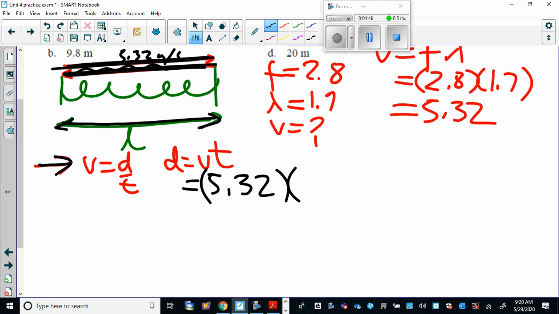So I'm going to take that number and divide it by 2. Right, because that's how long it took to travel 1 length of the spring, and all I want is the length of the spring. So you'll end up getting an answer of 9.8. B.